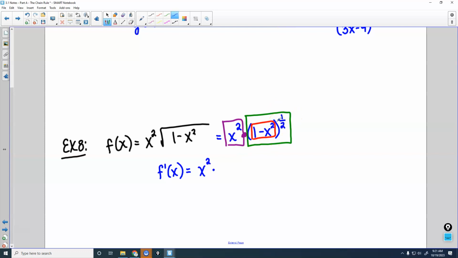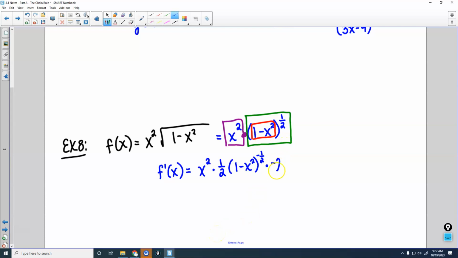So that's going to be the derivative of what's in that green box, which has to use the chain rule. So to take the derivative of this green box right here, we'll do 1/2 times 1 minus x squared to the negative 1/2 times, we got to multiply by the derivative of the red box. What is the derivative of the red box?